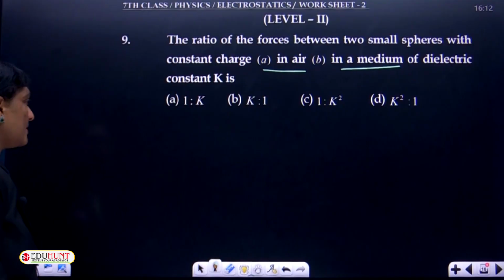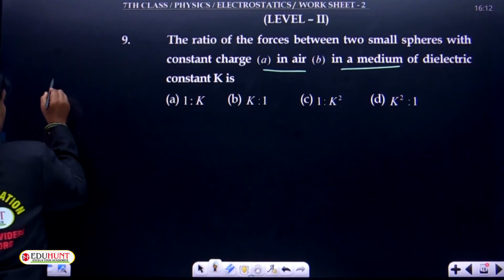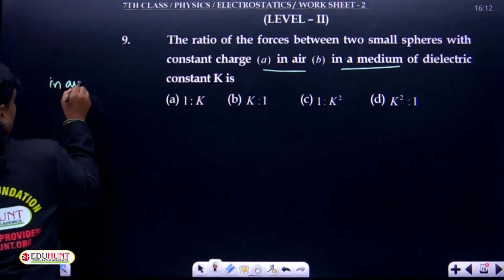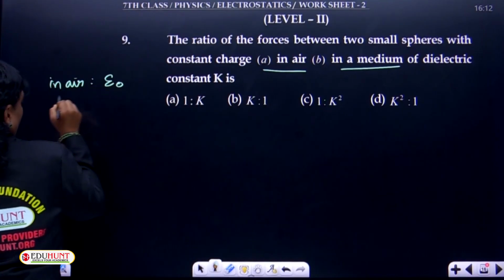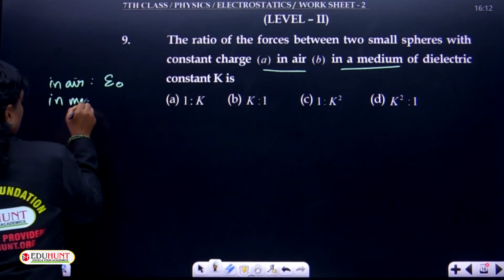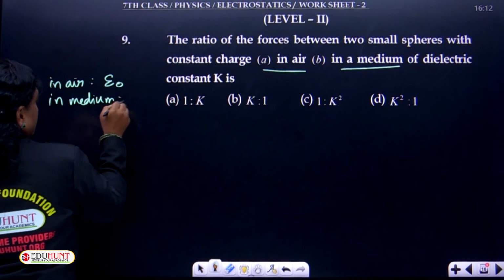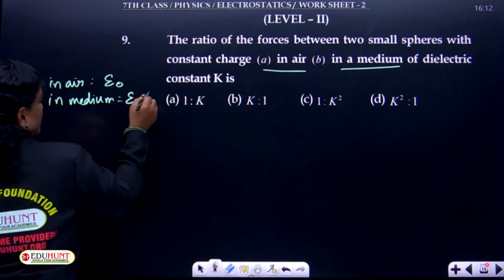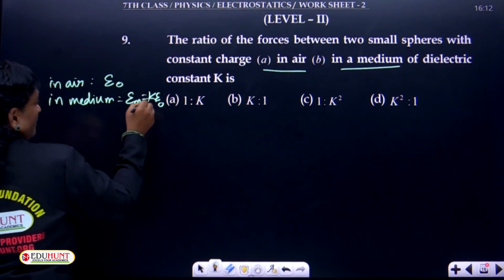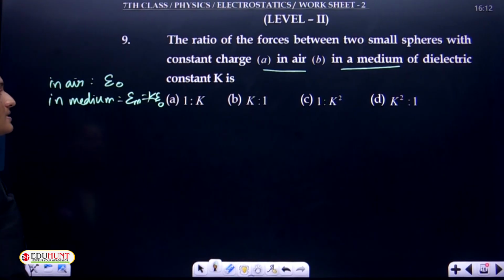So, earlier we said that if you consider the value as epsilon naught in air, then in a medium you have to consider this as epsilon M, which is equal to K times epsilon naught, where K is the dielectric constant.